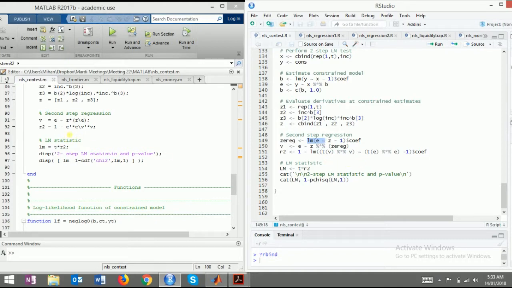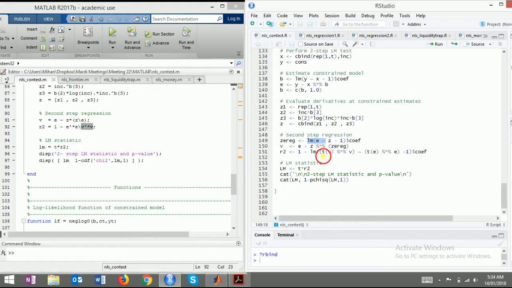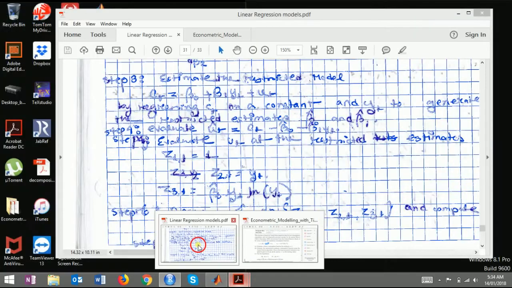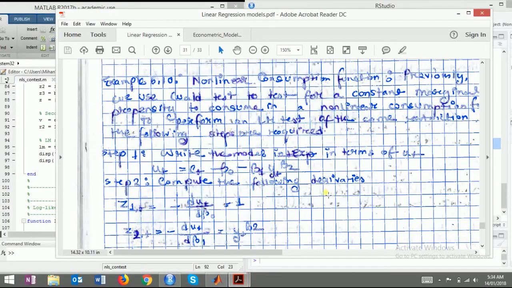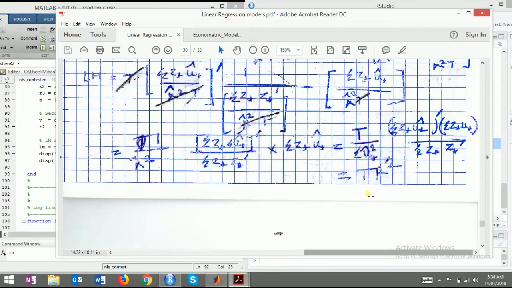this one regressed on this one. Alright, 1 minus updated Z is regressed on this one. A different type of form. What is the similarity? So what we are doing here, first we're updating with U being regressed.